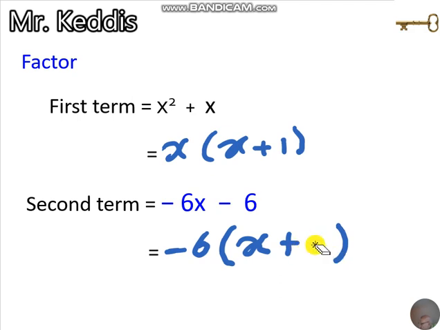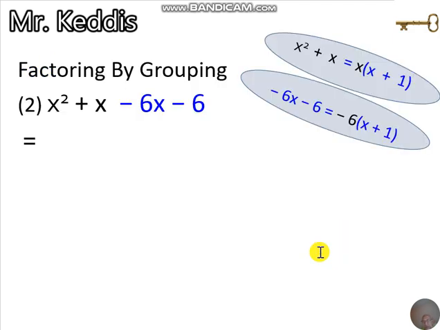Negative 1, sorry, negative 1. To factor this, I factor to x plus 1. To factor this, negative 6 outside, and negative 6 times x plus 1.